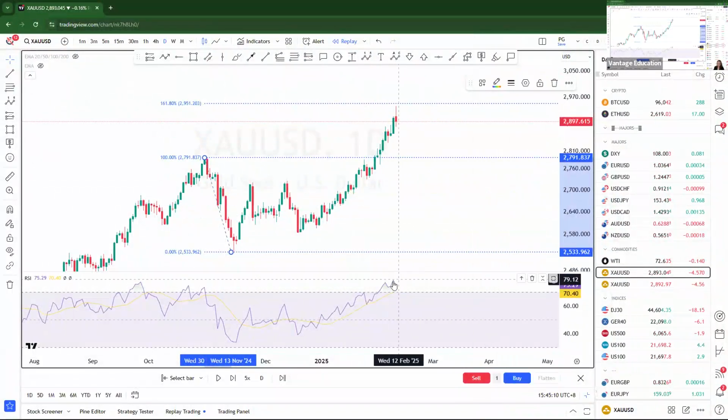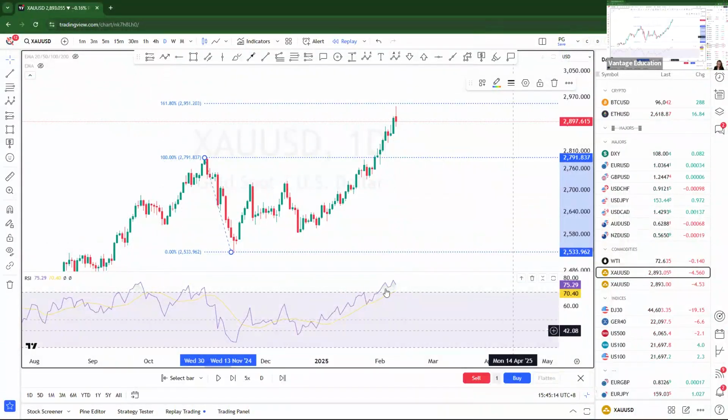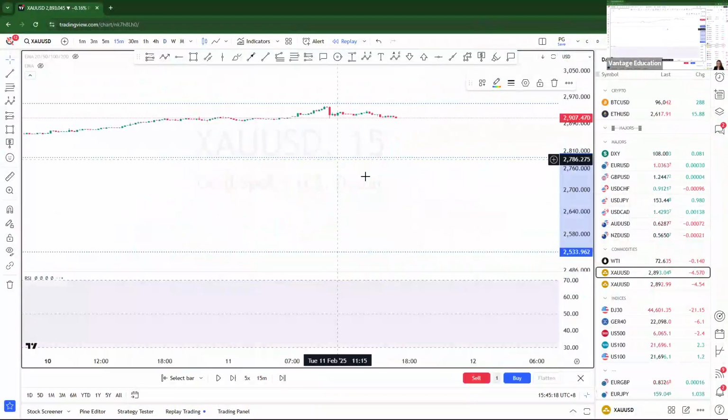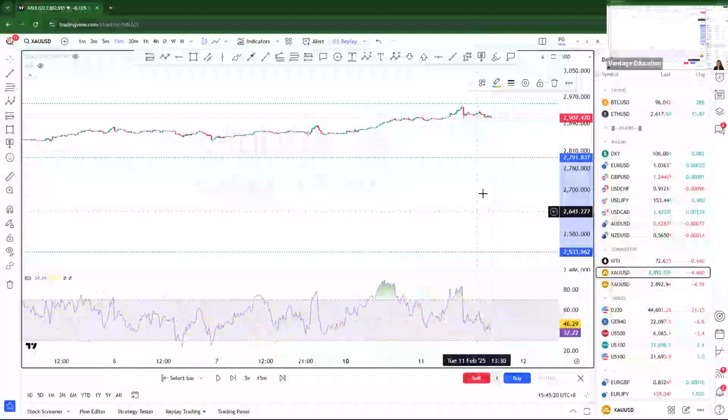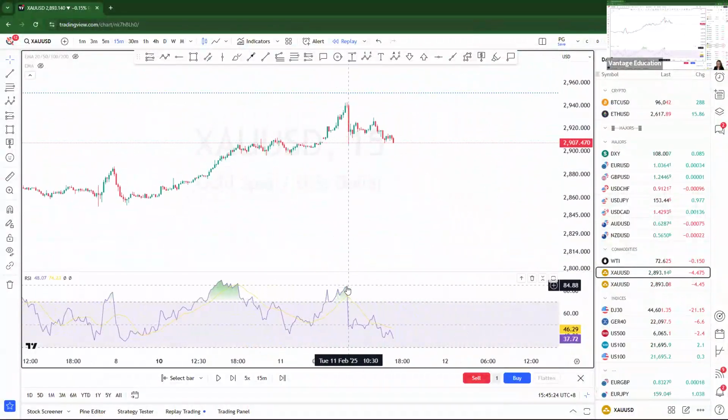So the daily is approaching the 161.8 extension and is already overbought. Now on M15, when you see that, you can already sell, right? Your price action here is also overbought. Follow the daily time frame, so you can sell.